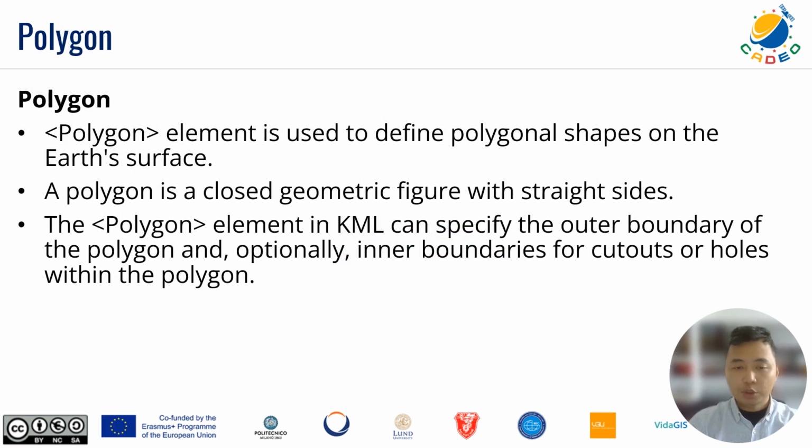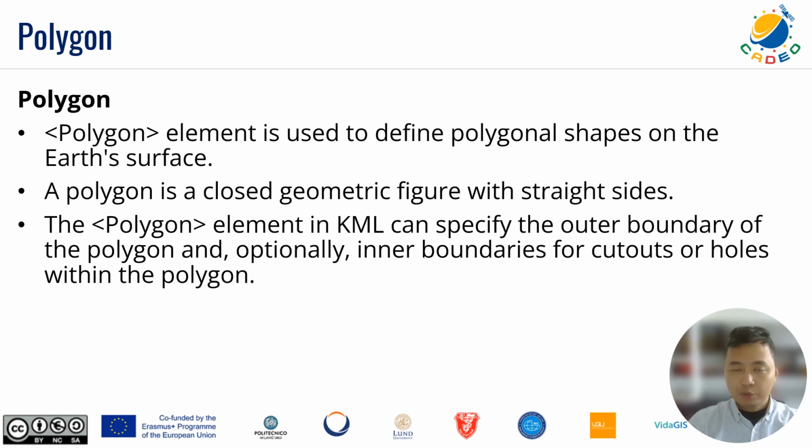Similar to the path, we can have other objects or other features in KML. The next one I want to show you is the polygon. When you want to draw a polygon, we use the Polygon element, and it will define polygonal shapes on the Earth surface.